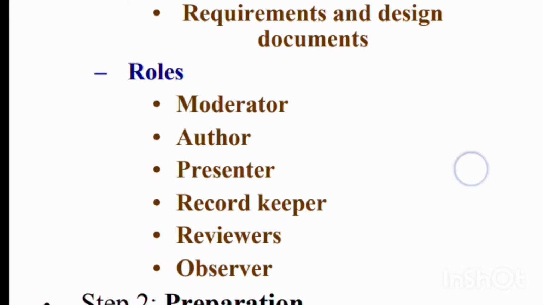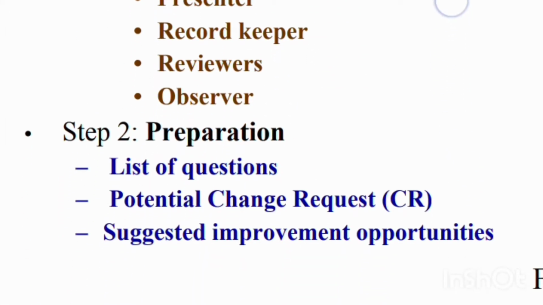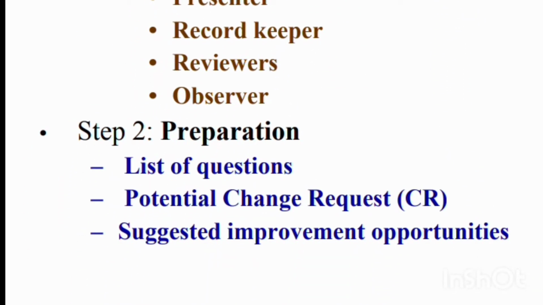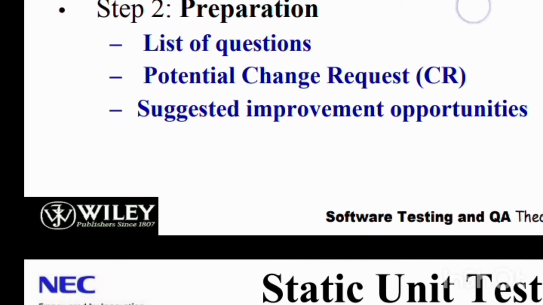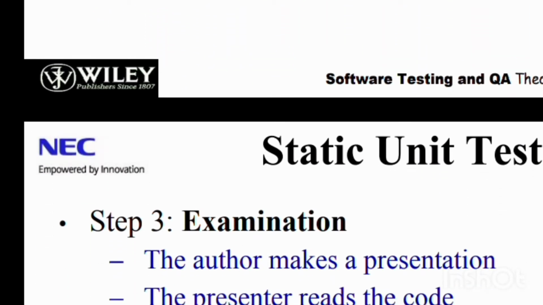Step 1, readiness criteria. The criteria we consider are completeness, minimal functionality, readability, complexity, requirements and design documents, and roles: moderator, author, presenter, record keeper, reviewers, observer.